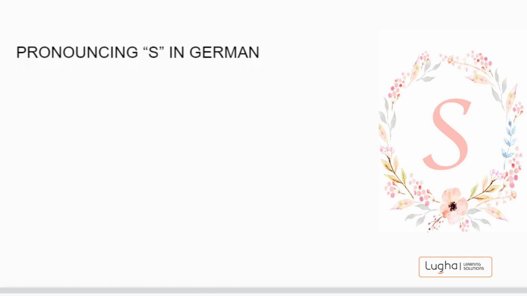So we're still trying to figure out German phonetics. And today we are going to figure out how to pronounce S in German. It's very important that we talk about S on its own because, as you're going to see, it's multifaceted.